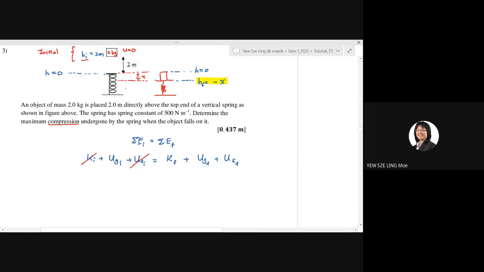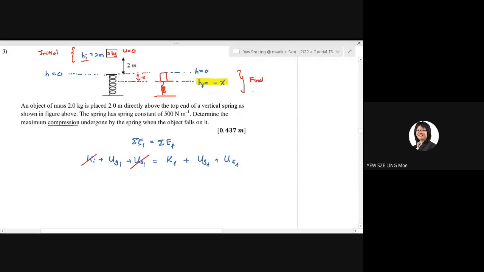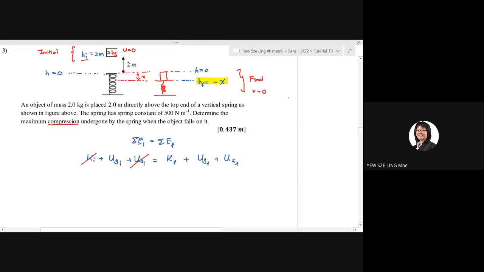Then you drop the object. And what happens at the final state? At the final state, at maximum compression, your object will stop. Therefore, V is again equal to 0. Even though my object is moving all along the path, between the initial state where it is dropped and the final state where it is at a fixed position, it stops for a moment at maximum compression, just like at maximum height.